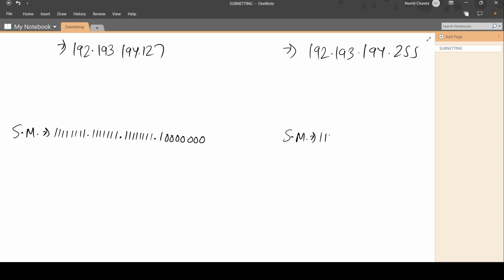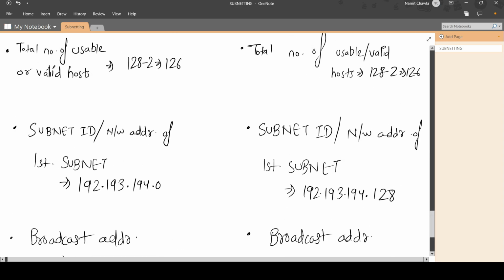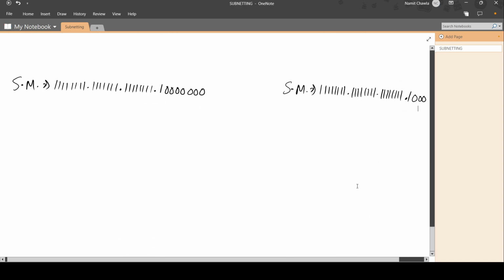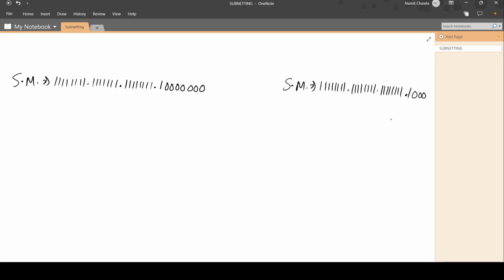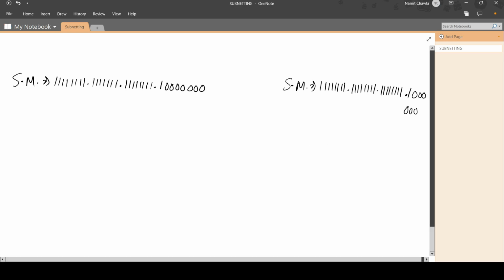Next one is subnet mask again: 1 2 3 4 1 2 3 4 1 2 3 4 1 2 3 4 1 2 3 4 1 2 3 4 1, followed by all zeros.